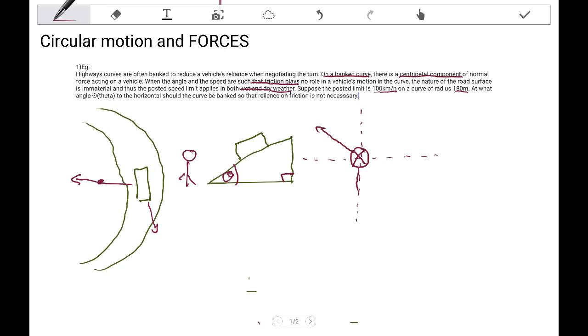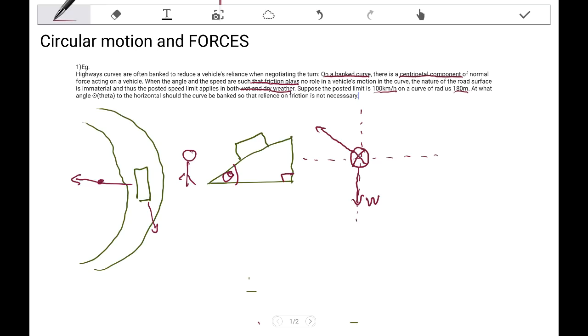It also has a weight, which is downwards. Only two forces are acting on the car, but the car doesn't slip off. Why? Because this normal force doesn't point upwards. Remember, if the normal force pointed upwards, we would have no force going in that direction, and then the car would slip off.